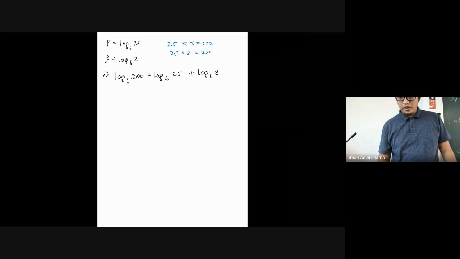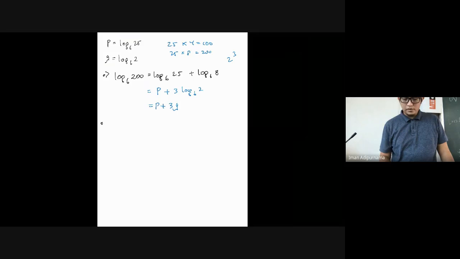And then I can write this, substituting, with p plus this 8 is 2 to the power of 3, right? So I can write 3 log 6 of 2, okay? And this is basically p plus 3q.